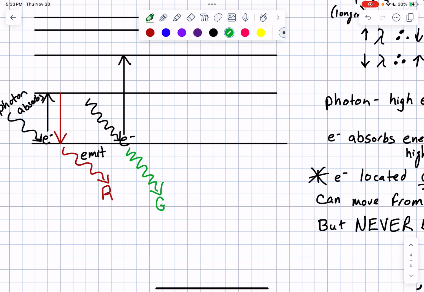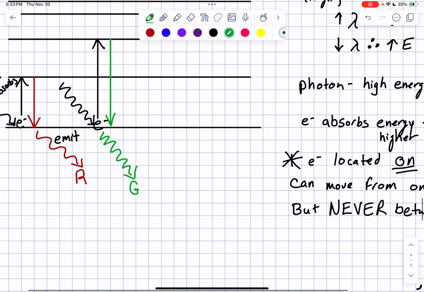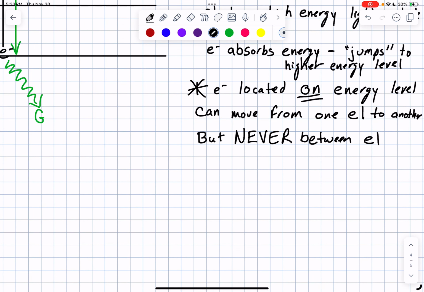Now, when it comes back down to its original energy level, that's referred to as ground state. So ground state is the electron's original energy level.